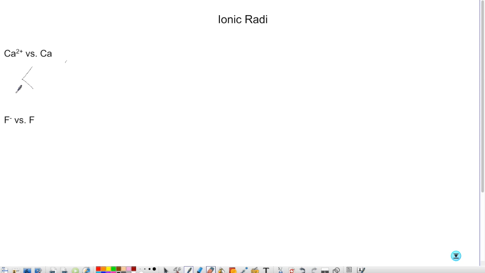Okay? So an anion, so a fluoride ion versus fluorine atom, gains an electron. Well, electrons don't want to be near each other, so they're going to have to spread out a little bit. So you would expect the ion to be larger than the atom. And that's all I'm going to ask you for those.